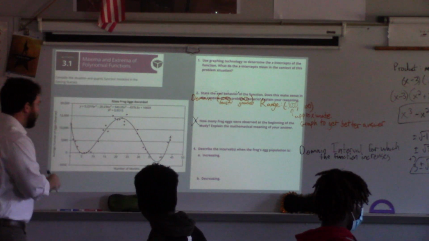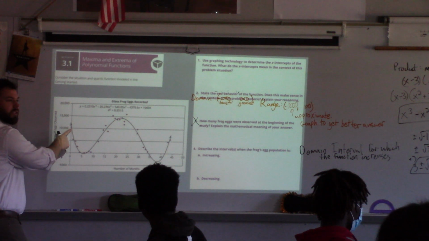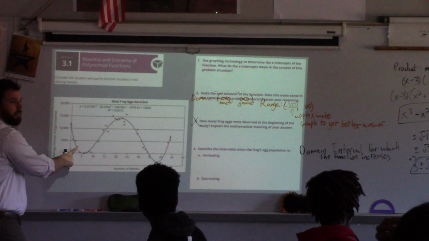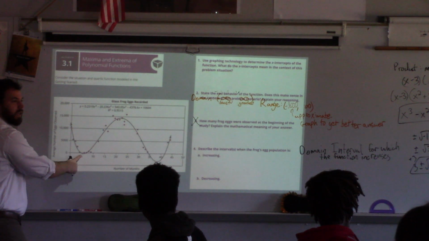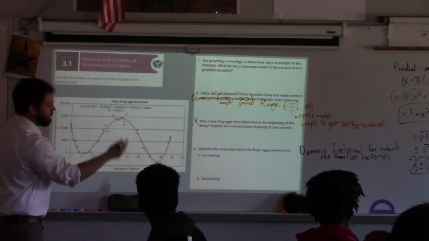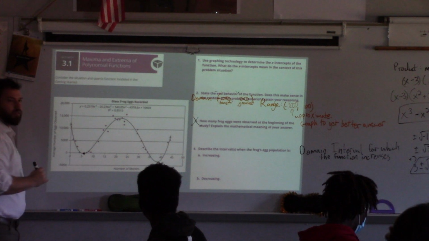So when I look right here at this graph, is it starting out decreasing or increasing? My finger, is it going up or down? So it's going down, so it is decreasing. All right, so if I want a domain interval for which the function increases, I'm going to stop right here. That would be a what?